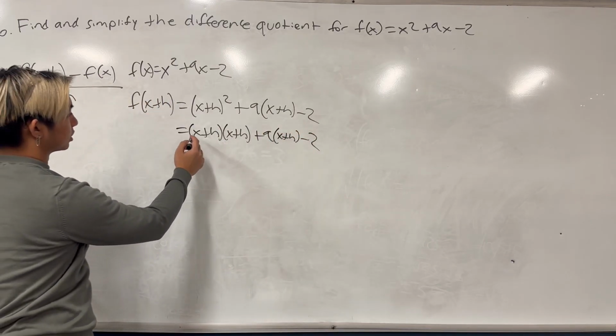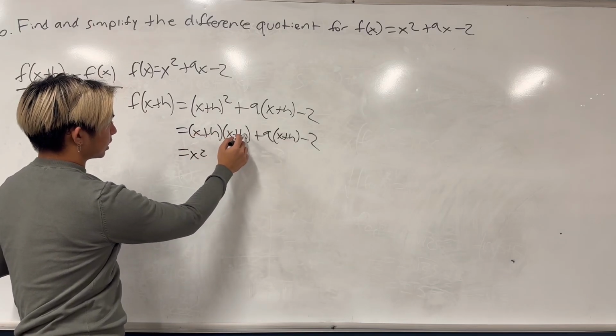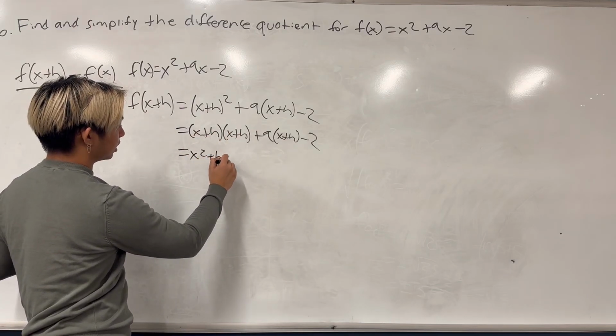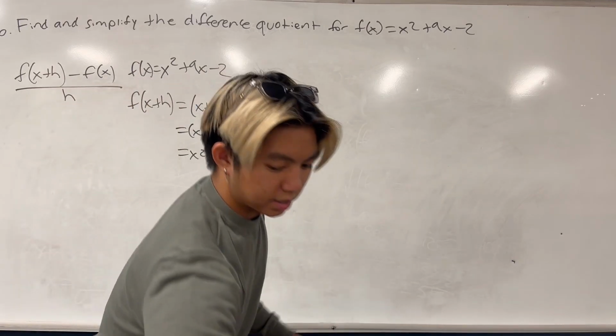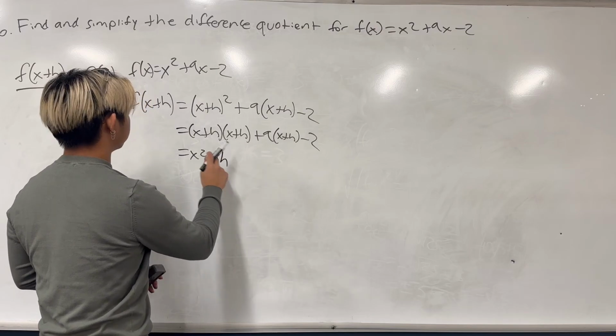Okay, so let's FOIL here. x and x gives us x squared. x and h gives us xh. Let's keep the constant, putting x in the front.